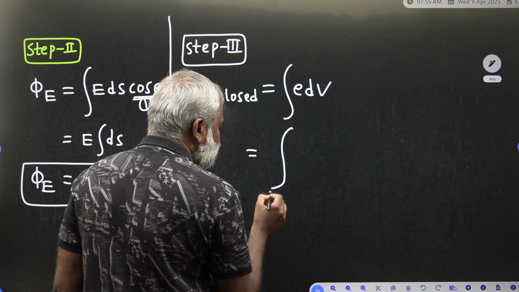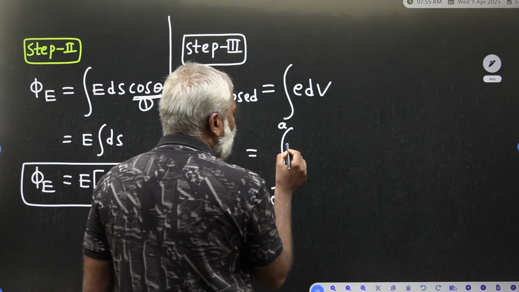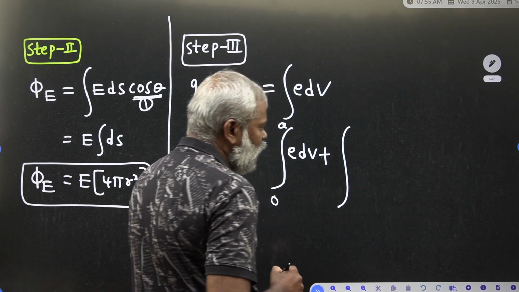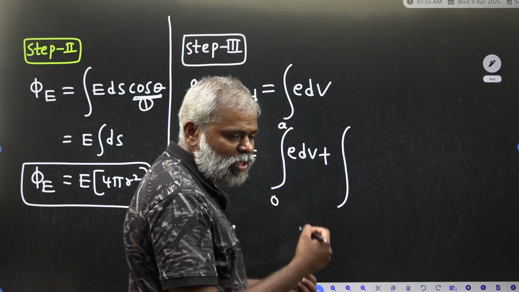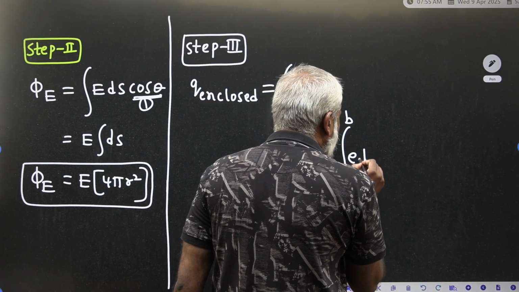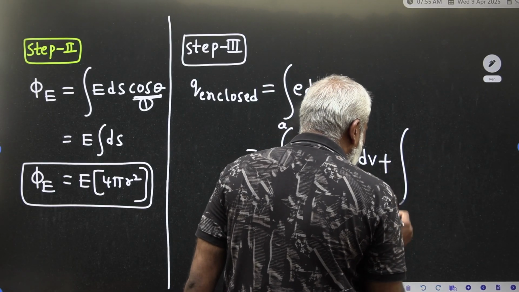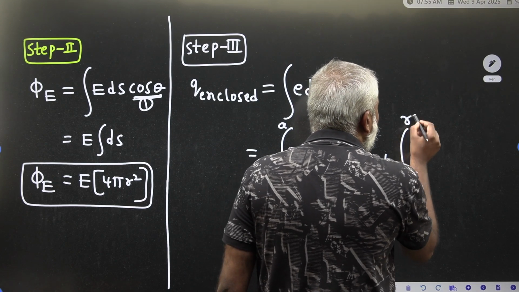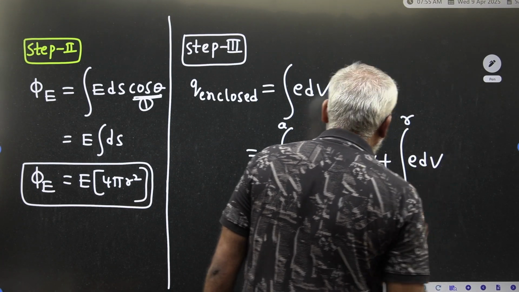First you take 0 to a, the inner radius, that is rho dV. Next a to b into rho dV. Next you take one more, splitting the integrations: b to r into rho dV.